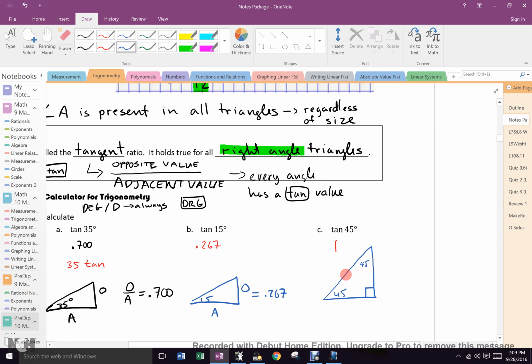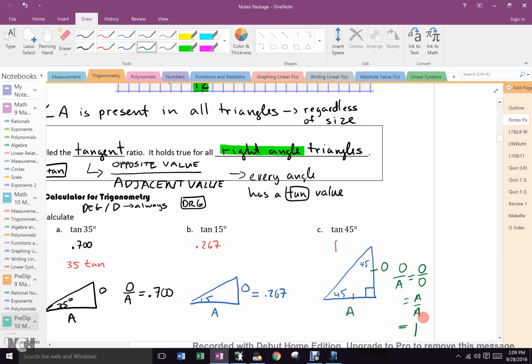What do you know about triangles if two of the angles are the same? What does that tell you about this side and this side? That they're the same, doesn't it? So if your angle is 45, O and A are the same, aren't they? So O divided by A is the same as O over O, or A over A, which equals 1.